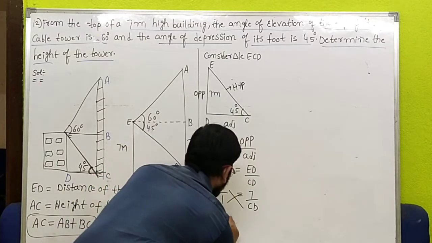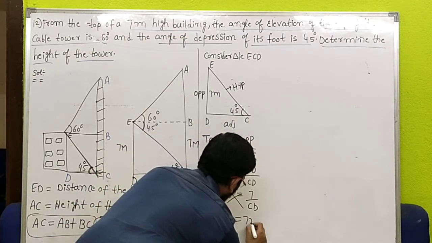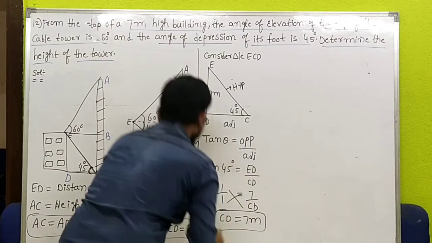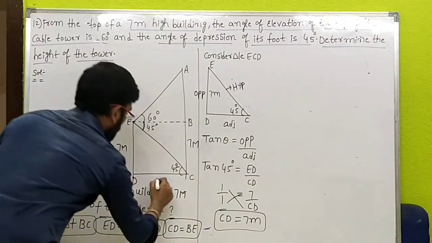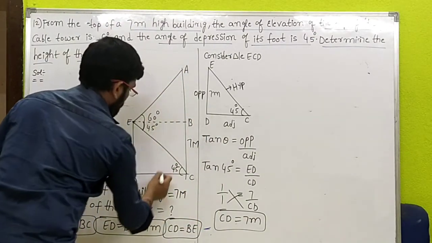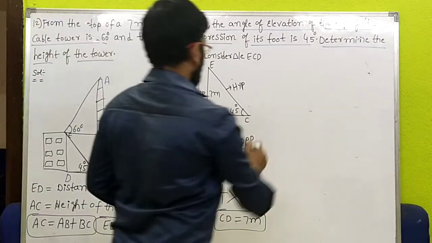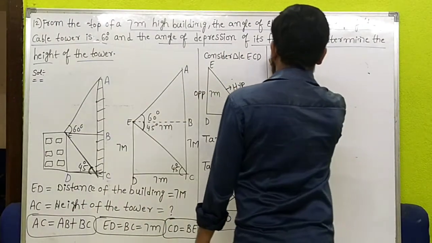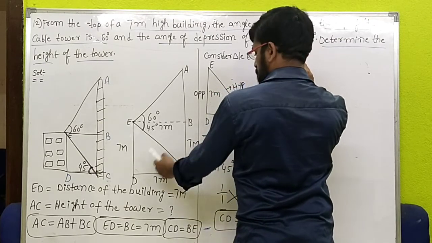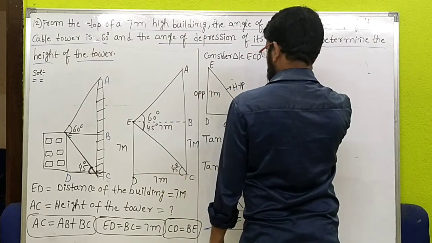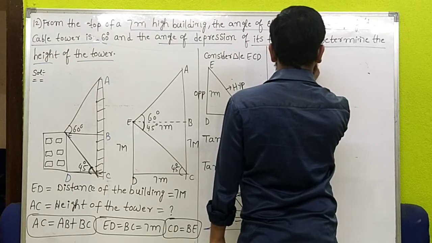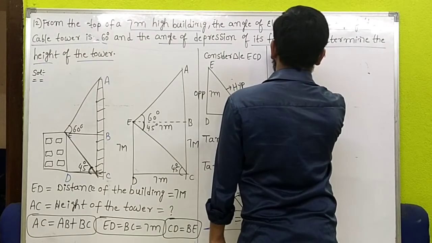Cross multiplication gives CD equals 7 meters. So CD is 7 meters, and CD equals BE, that is 7 meters.